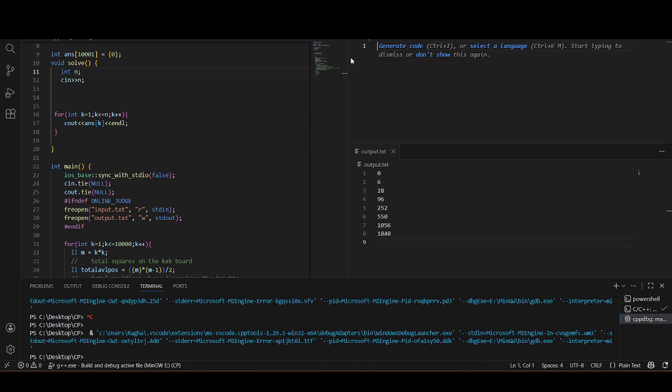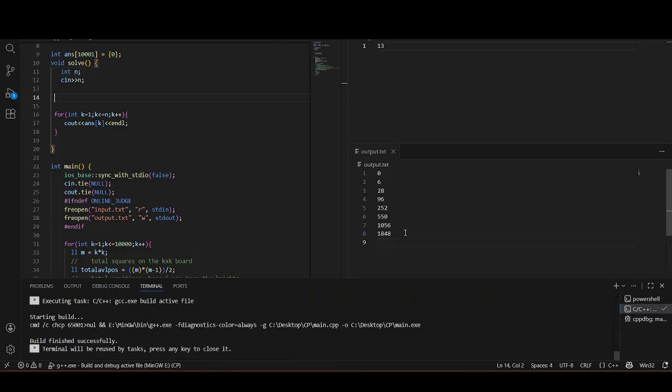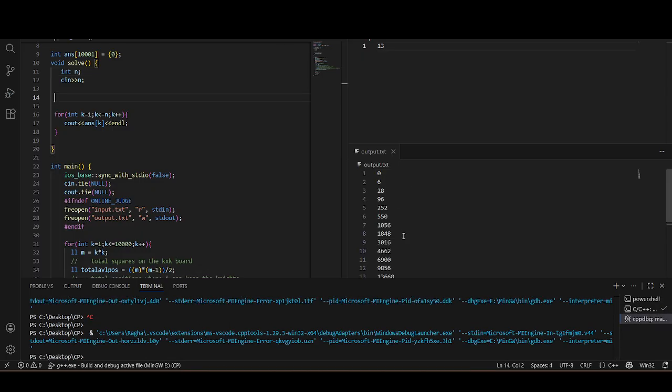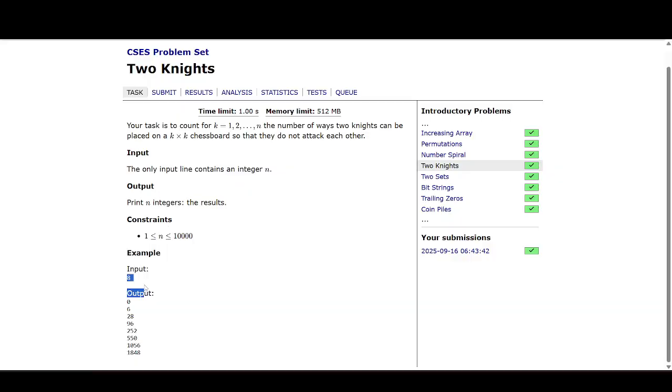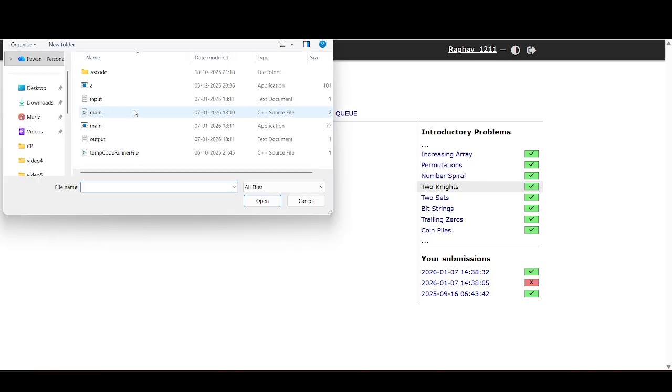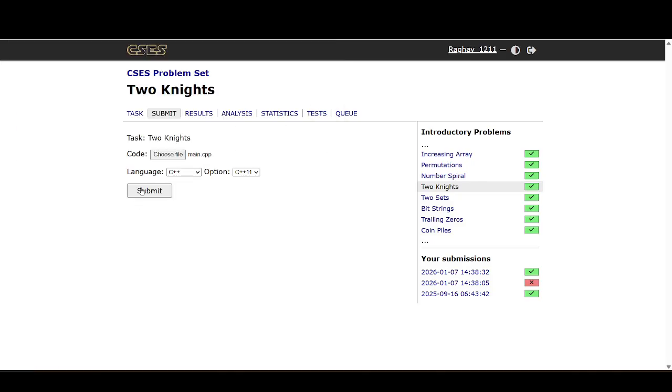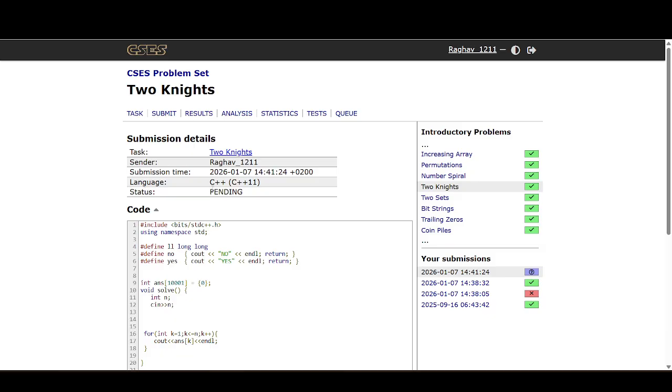For example, if I want for 13. These things are fast when we have multiple test cases, but here, since we only have a single test case, that doesn't make much difference. If I submit it, it will work.